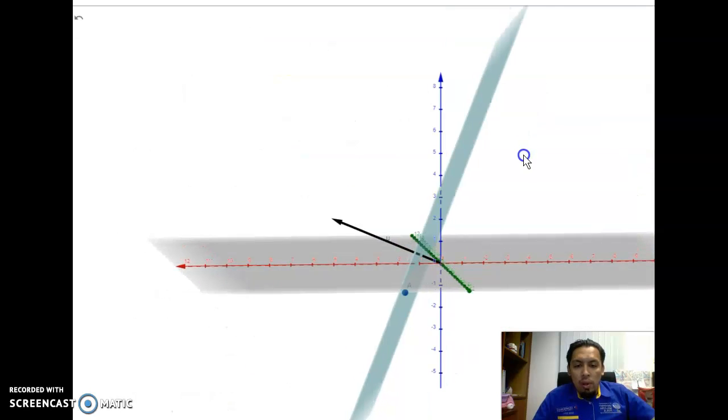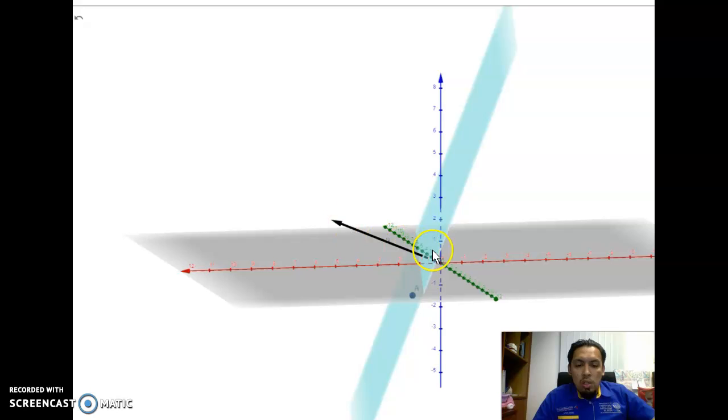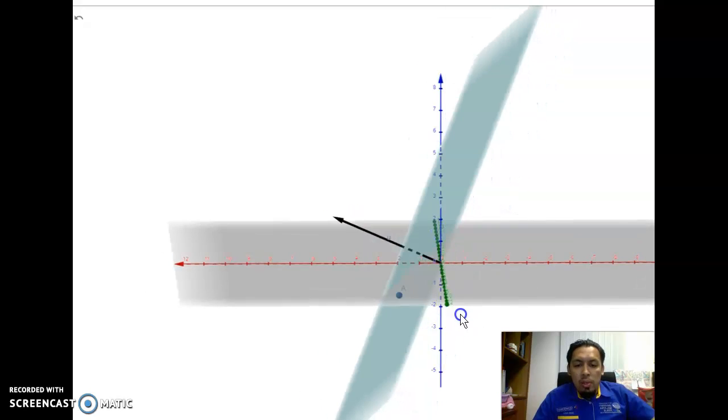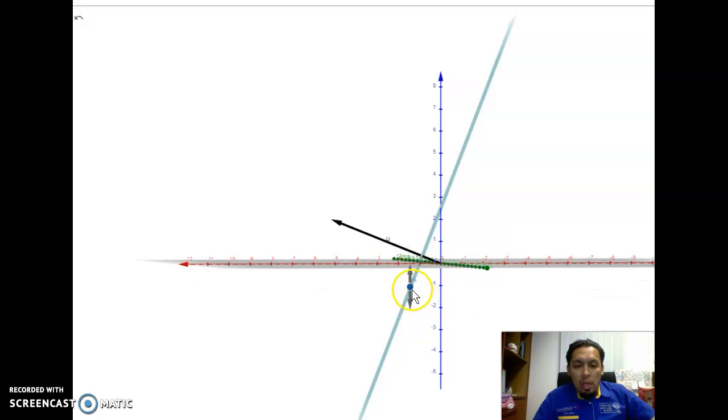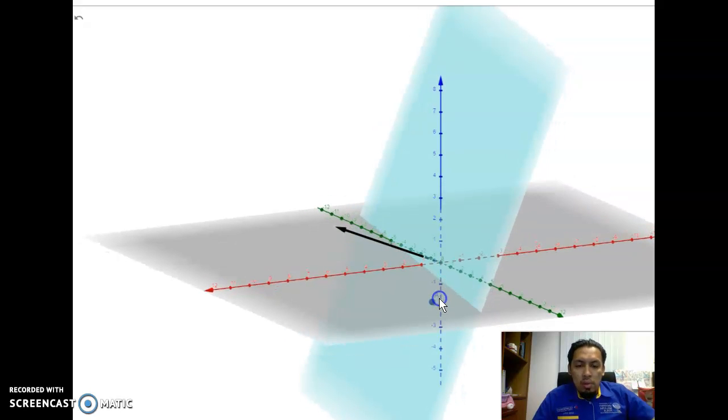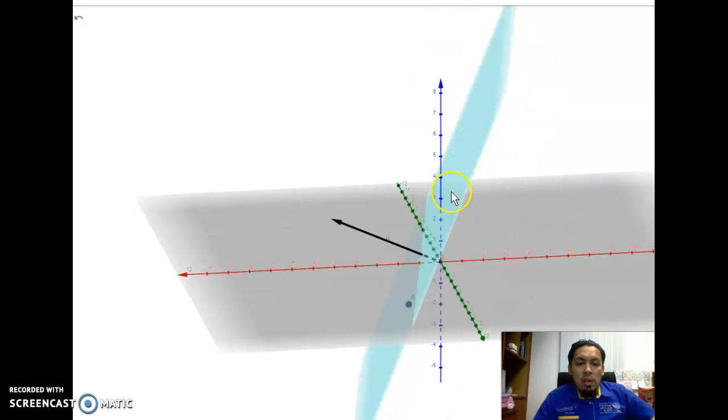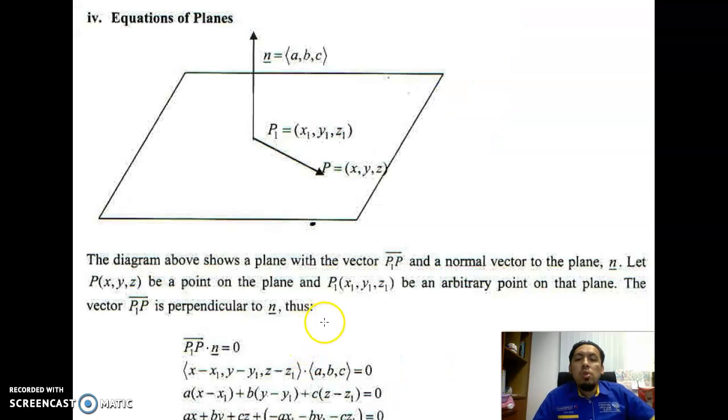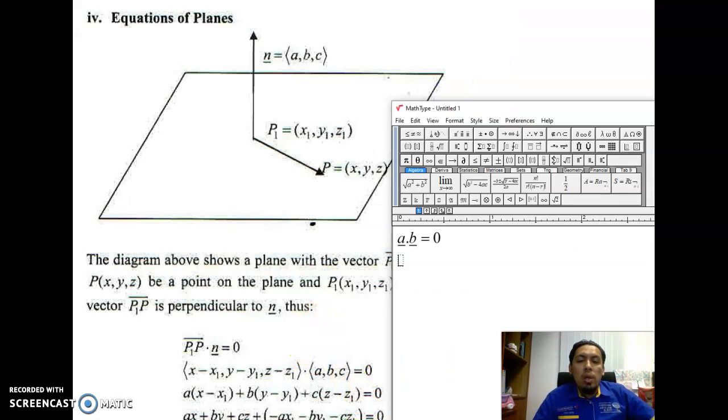You have one normal vector to determine the tiltness of this plane, and you have another piece of information, point A here. So basically you are not really having two vectors, you're just having one vector. So how do you find the equation?